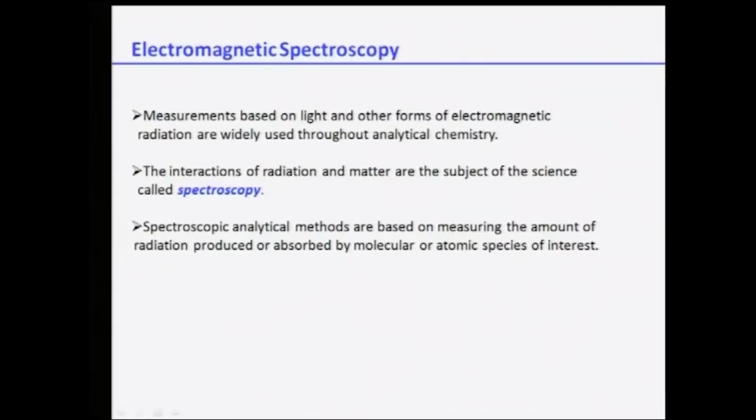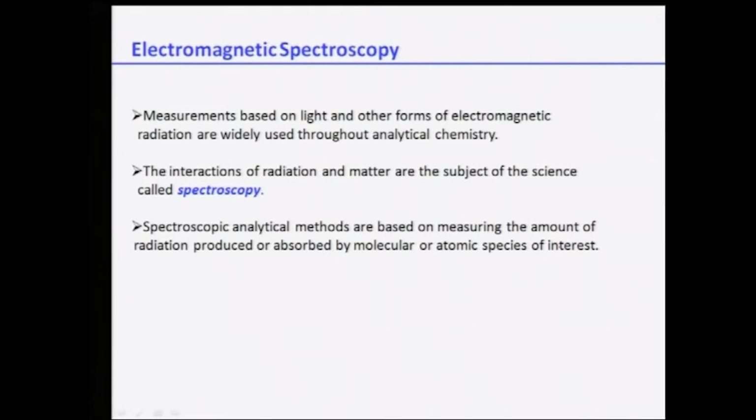As we know, spectroscopic techniques actually deal with measurements based on light or any other forms of electromagnetic radiation per se, and these are widely used in analytical chemistry for information. Nowadays people use them even in other arenas also. So basically it deals with interaction of this radiation and the matter, and that is the subject of spectroscopy.